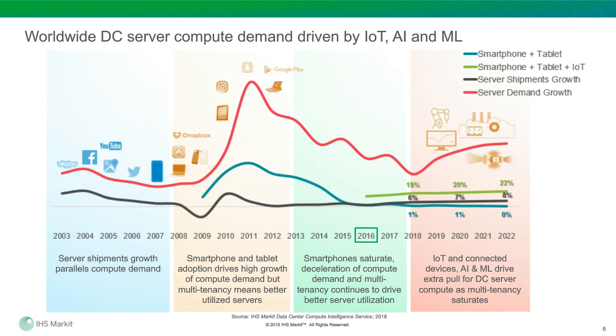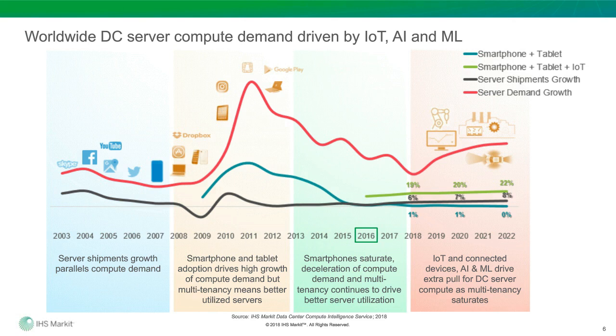This is driven by the fact that the vast majority of servers are single-tenant. As multi-tenancy ramps from 2008 onwards, we start to better utilize servers, and as a result, do not need to ship an increased number of servers to satisfy a large acceleration in demand for the DC server compute that was fueled by the adoption of smartphones, tablets, and the software ecosystem around them.